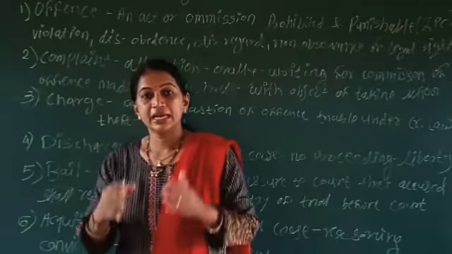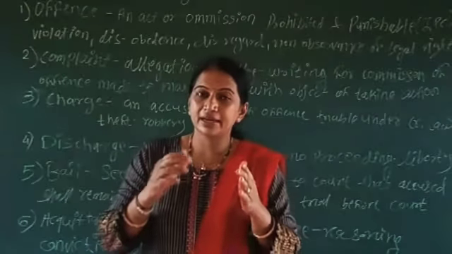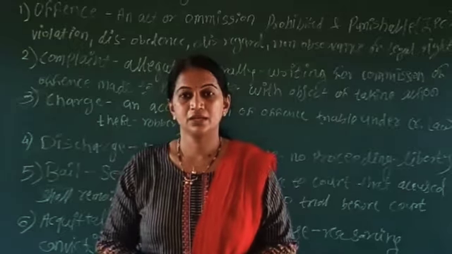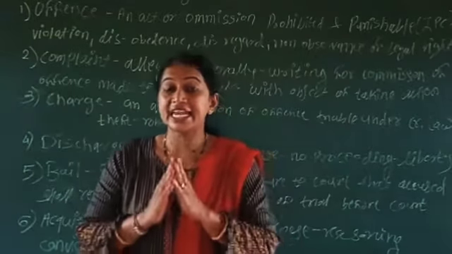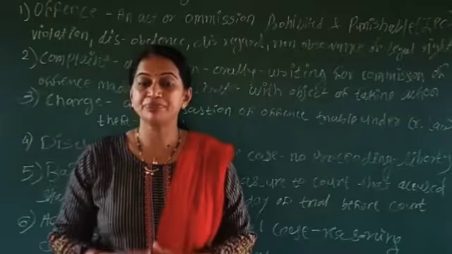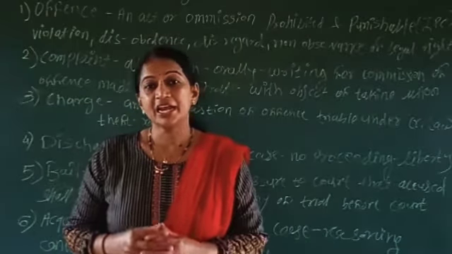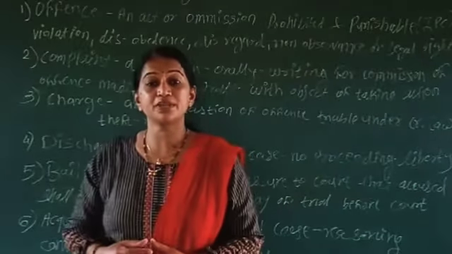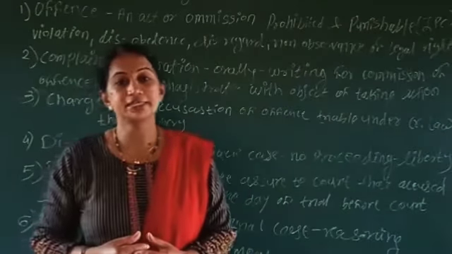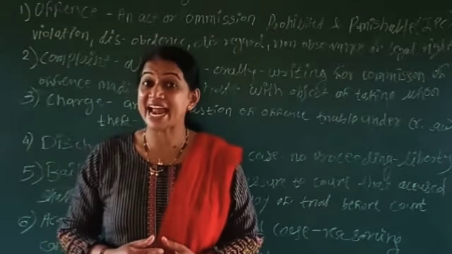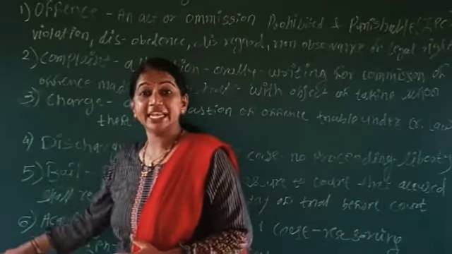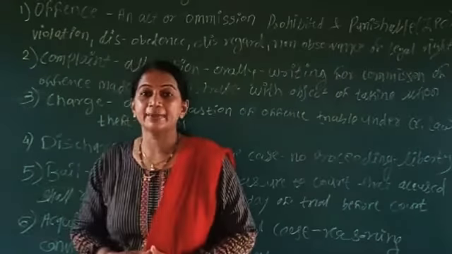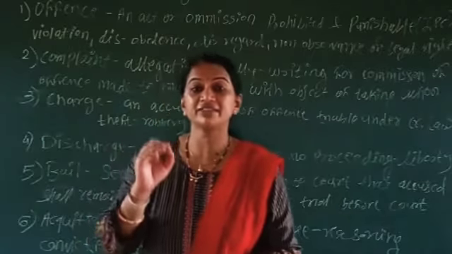If at the end of the criminal proceeding, or at the end of a criminal case, the charges levied against the accused person are proved beyond reasonable doubt, it means that the accused is found guilty of that particular offence, then at that time the court makes an order of conviction.